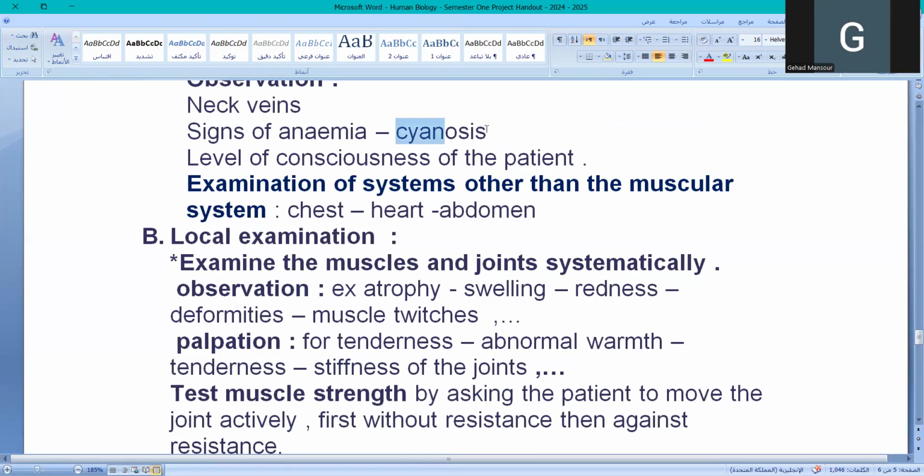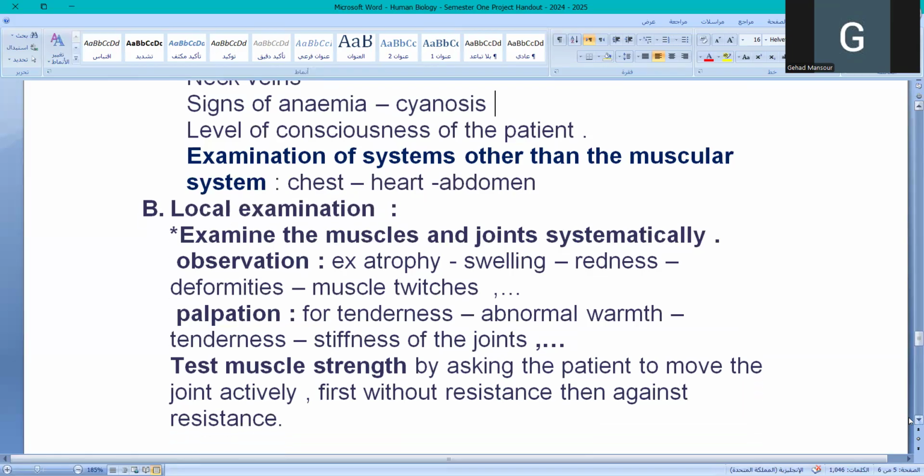Similarly for central cyanosis, because central cyanosis is detected through the bluish discoloration of the tongue and the inner mucosal membrane of the mouth, and it is usually an indication of hypoxemia or low oxygen that might indicate an abnormality in the heart that might be associated with a congenital myopathy.